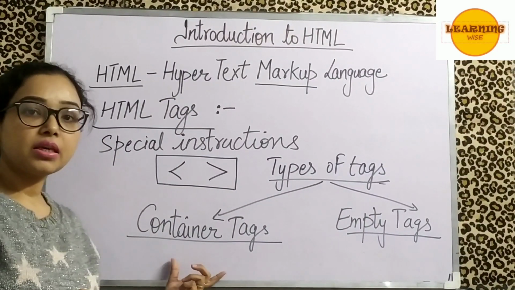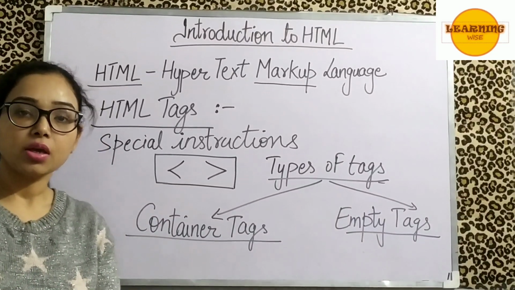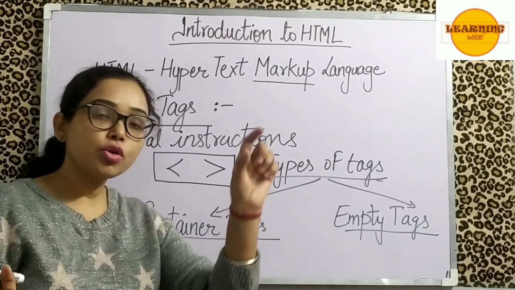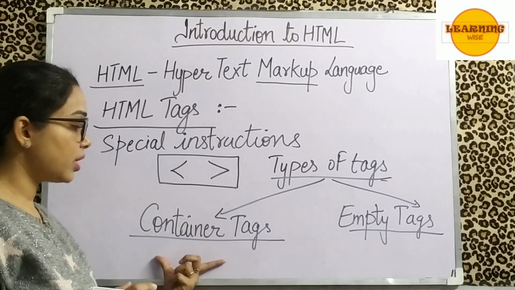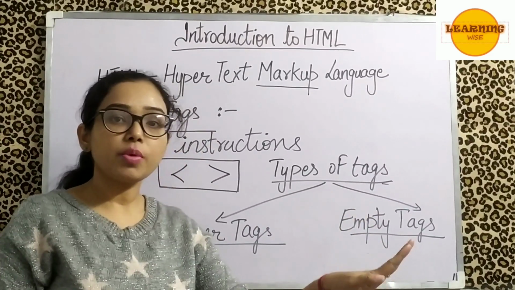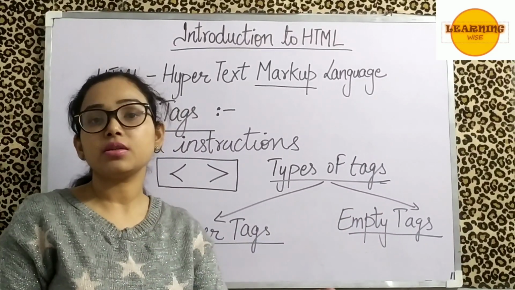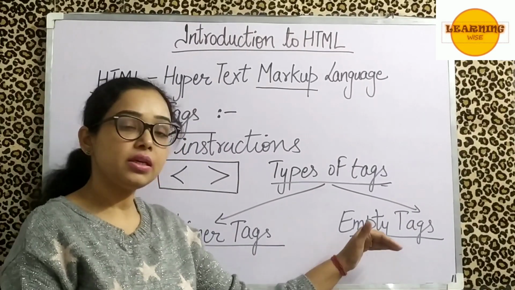A container tag is nothing but a tag which is opened and closed. A tag which you open and you close comes into the category of container. And a tag which just remains open, where there is no need to close it, is the empty tag.